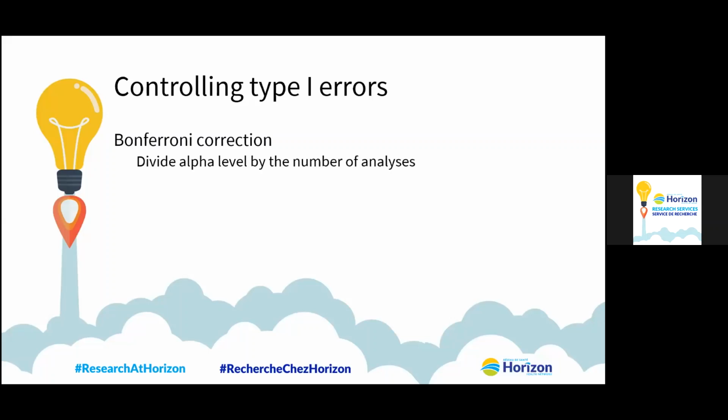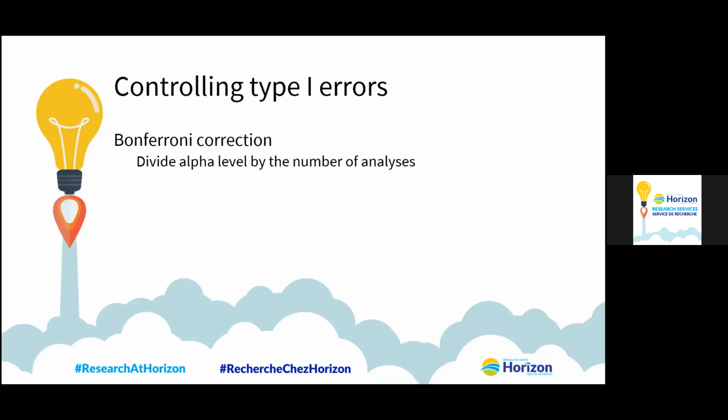So one popular method is the Bonferroni correction. This method involves dividing your alpha level, that threshold for determining significance, by the number of analyses being performed on your data. So as the rate of committing a type 1 error is tied to alpha, this controls the type 1 error by reducing your alpha level for testing.